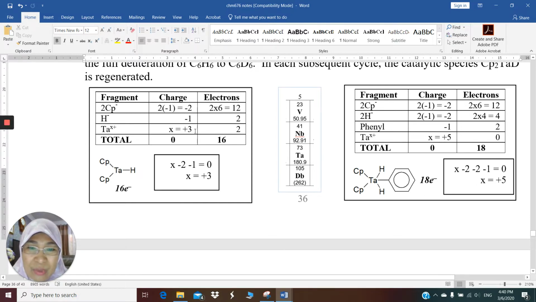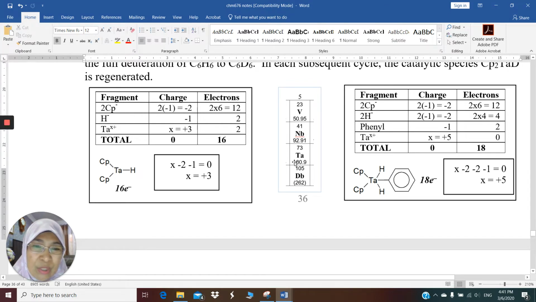So how many electrons does that carry? How do we know how many electrons tantalum 3 would carry? You just go back to your periodic table. This is a snapshot of column number 5 in the D block of the periodic table, where you find tantalum. Tantalum is just underneath vanadium and niobium in the 5th column.